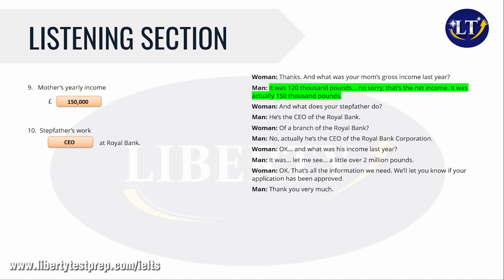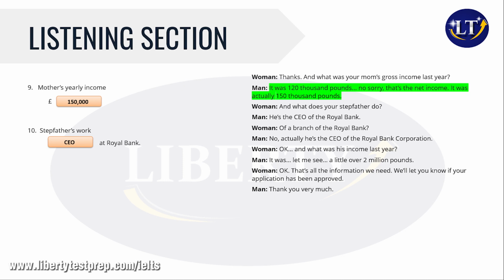If you don't have the comma in there, then the answer would be wrong. Notice also, some people might have said 150,000 pounds, okay? That would have been wrong. Why? Because they already give us the symbol for pounds. So if you say 150,000 and then write pounds, that would be redundant. So we don't want that.